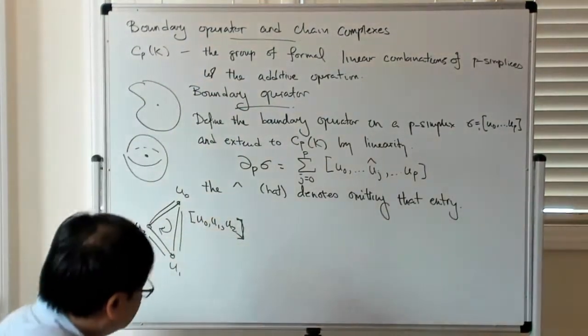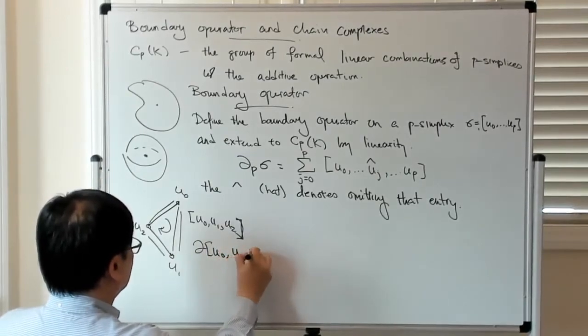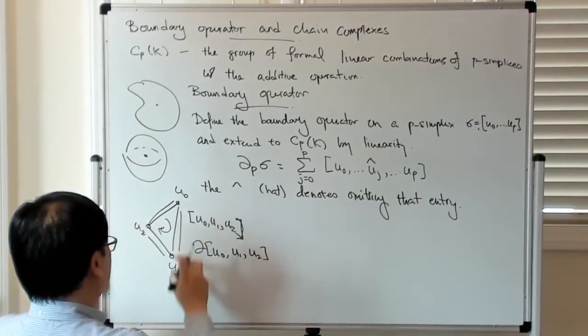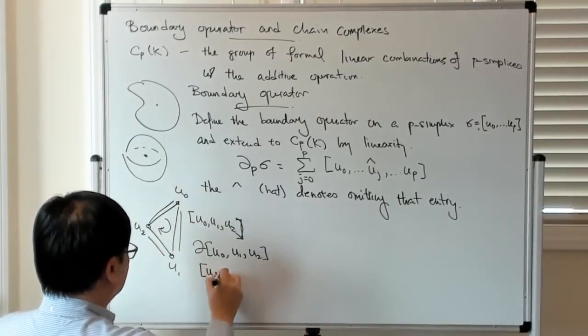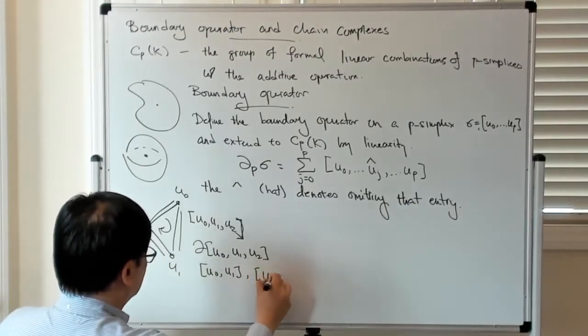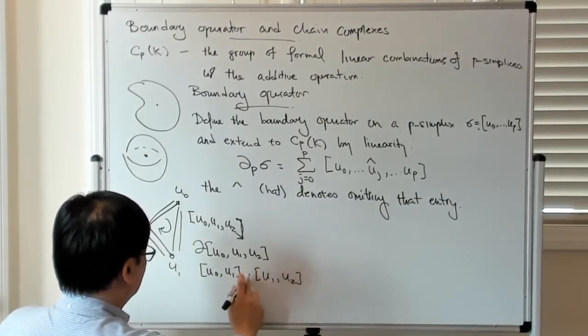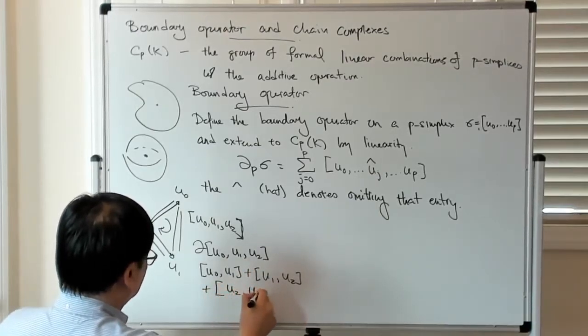So the boundary of u0, u1, u2 is obtained by taking u0, u1, plus u1, u2, plus u2, u0.